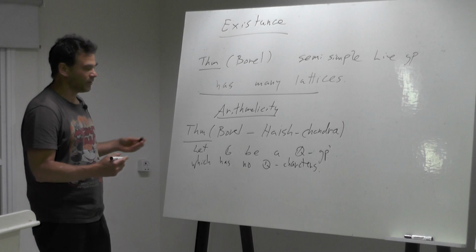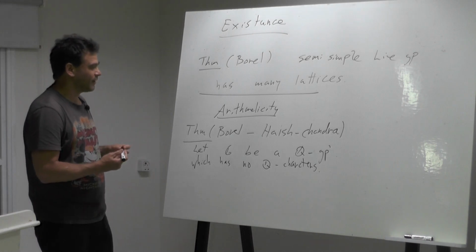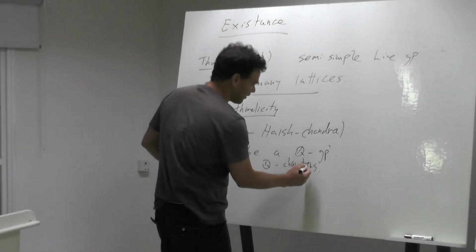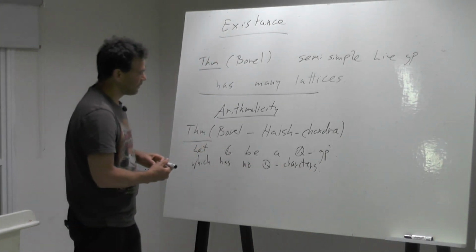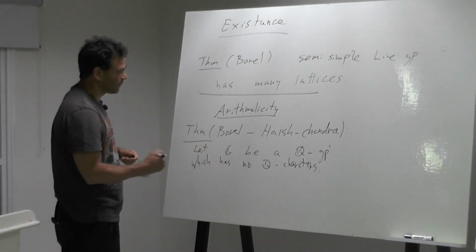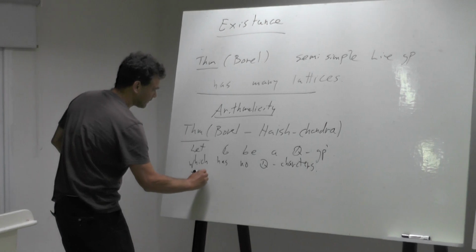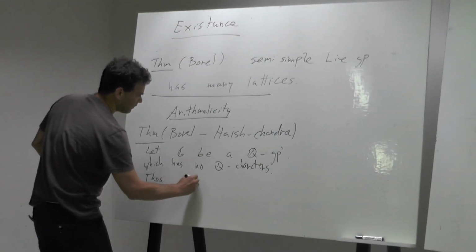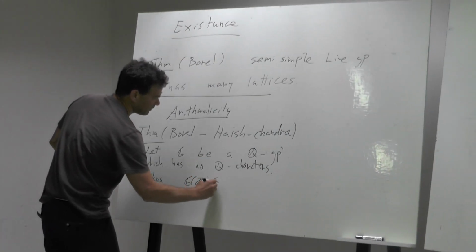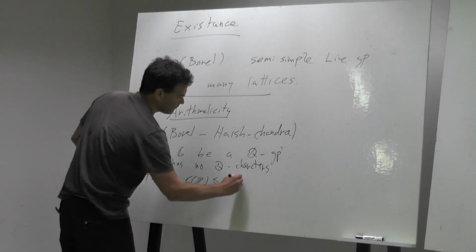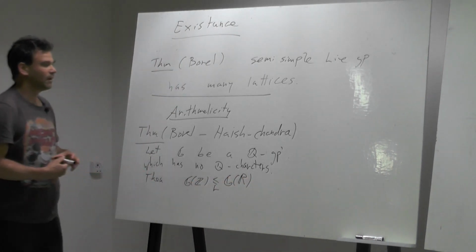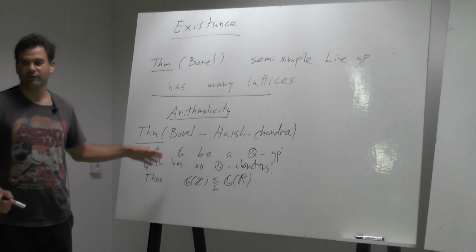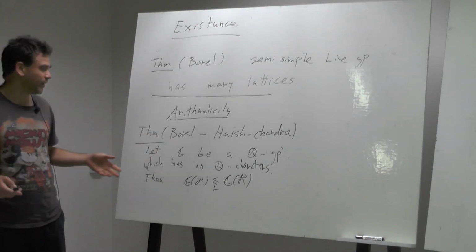It doesn't have characters which are defined by polynomials over Q, then G(Z) is a lattice in G(R). And the theorem also says when this lattice is co-compact.